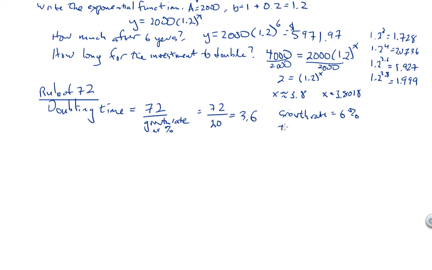Then you could say the time to double is about 72 divided by 6, or 12 years. So we're going to be doing these kinds of equations using trial and error.